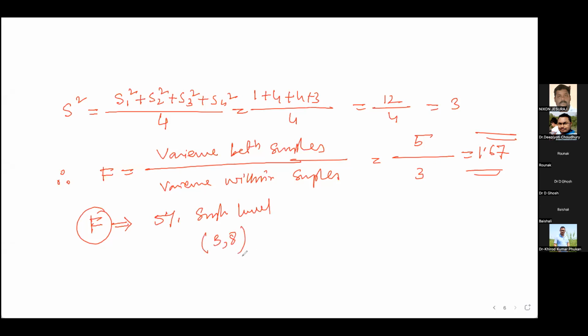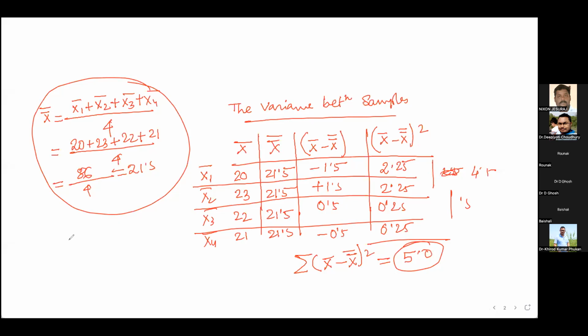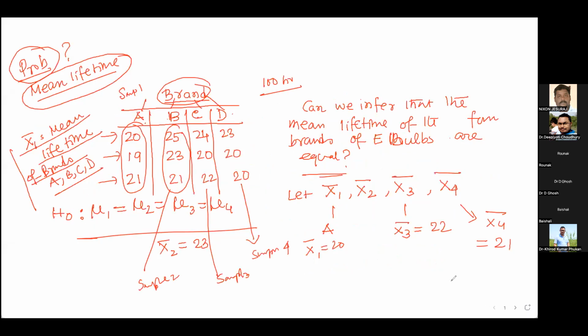Now why 3, 8? Because where is 3 coming from and where is 8 coming from? Let's have a glance. Check here how many such entries there are: 1, 2, 3, 4, 5, 6, 7, 8, 9, 10, 11, 12.